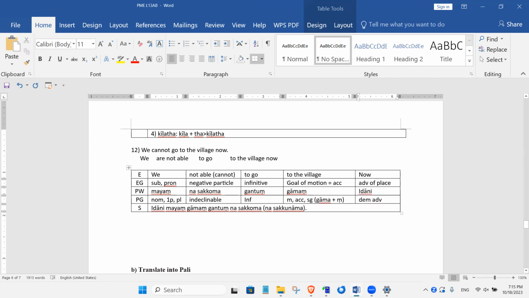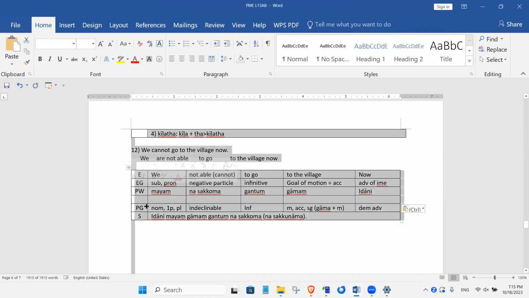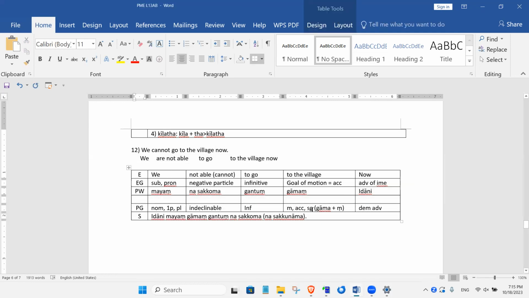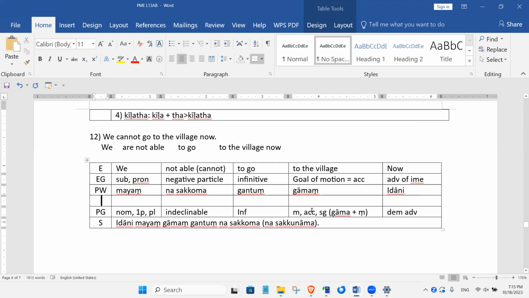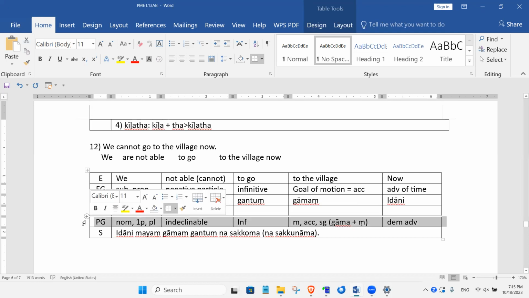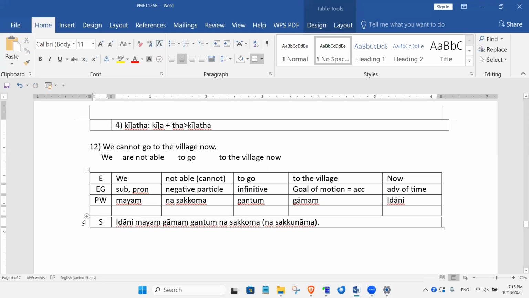Able of time. So you put the Pali grammar first. Able of time means indeclinable. Indeclinable also can. This one should go to top.